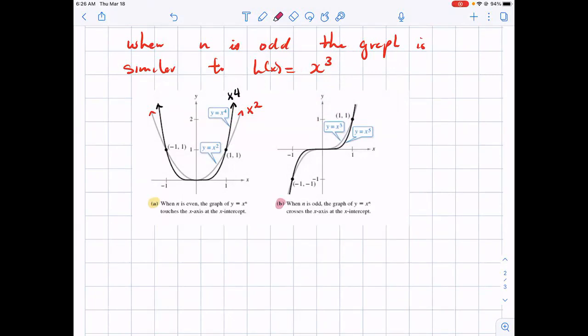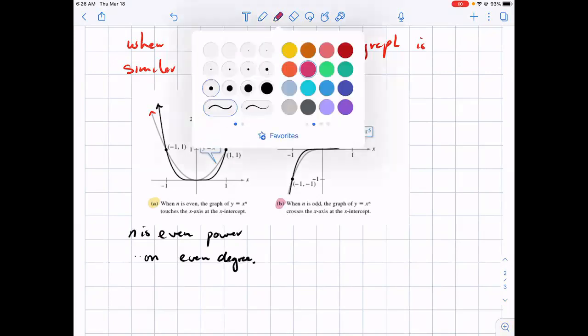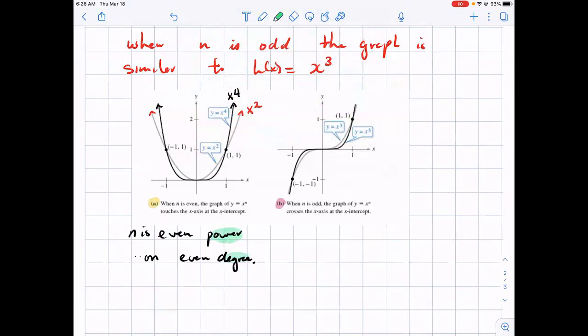So any graph with an even power, or even degree, where n is even, looks alike. We usually call the power and degree the same thing. We say that the power is even or the degree is even.